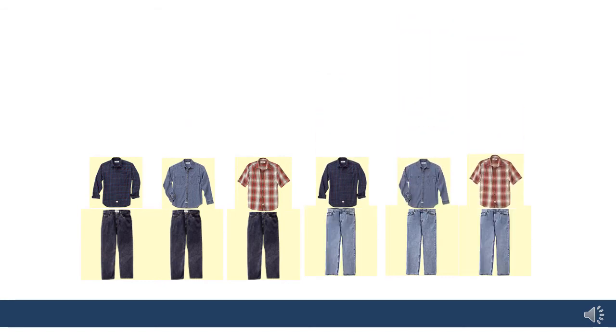So this is all the different possible combinations. We have the black pants with the 3 shirts here, and we have the blue pants with the 3 shirts here. So we can see that we have 6 possible outfit combinations.